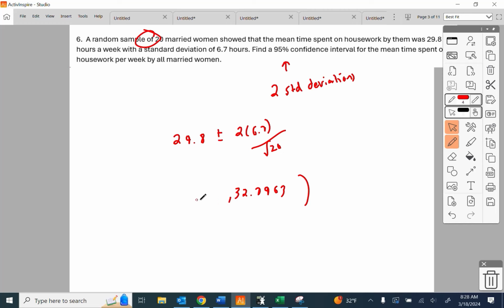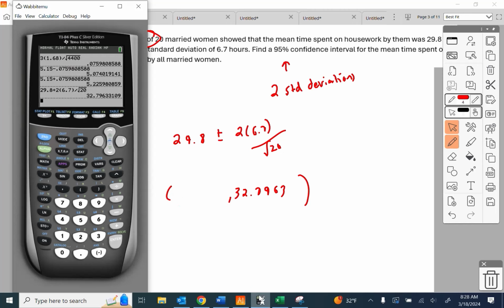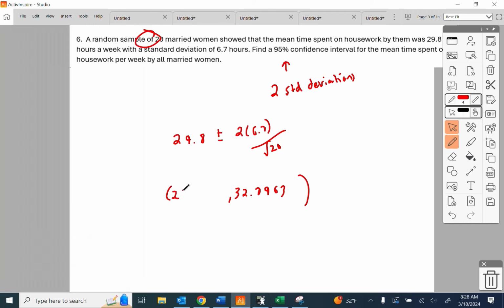The lower boundary is going to be the minus operation, 26.8037. That covers the 95% confidence interval for the mean time spent on housework by all married women.